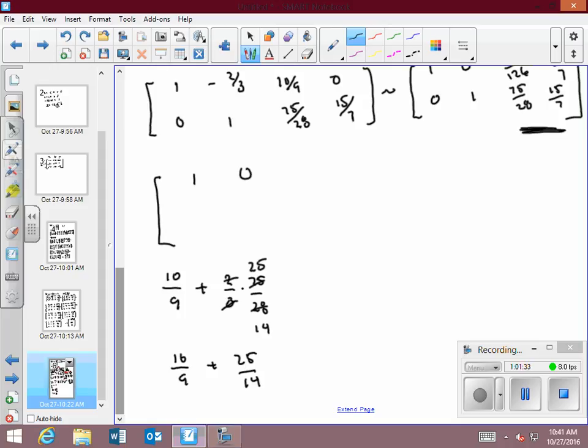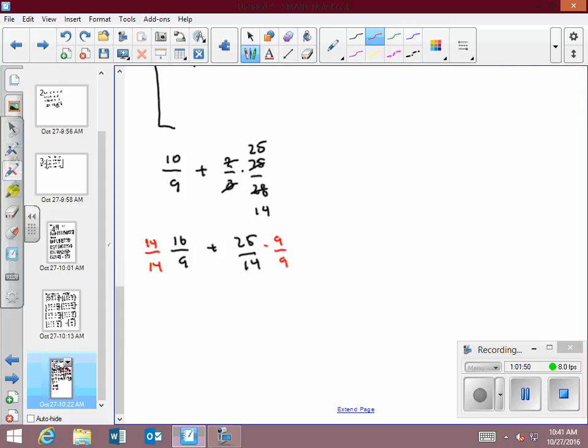Now we got to get a common denominator, and the 9 and the 14 share no common factors, right? So it's got to be 14 over 14 and 9 over 9. So this is 140 plus, that's 225, isn't it? Over 14 times 9.